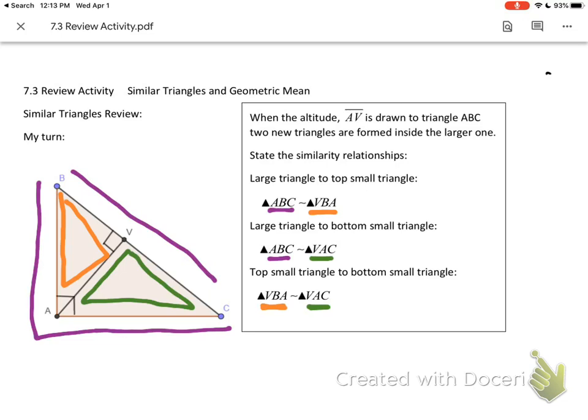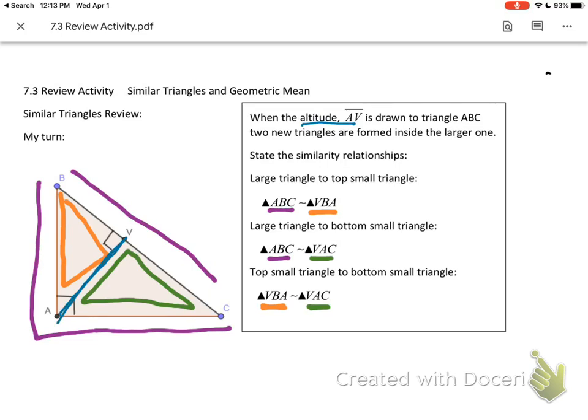Okay, so doing this first problem, I did this entire problem, and I'm going to walk through how I did it and tie in the color with it. First off it says, when the altitude AV, so let's get a color for the altitude. The altitude is AV on our triangle.